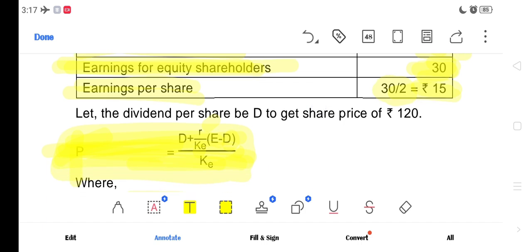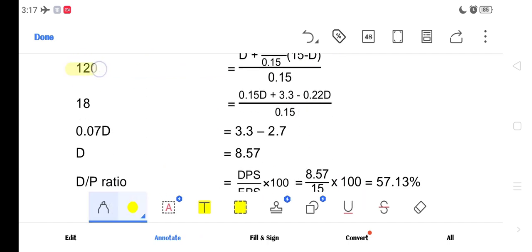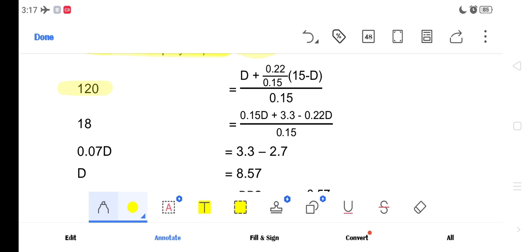Now if you insert all the information given in this formula, you get the D, right? So see, price they have given is 120, and D you have to find out. And what is R, guys? 22%. Don't take 22% because it's confusing. Just convert it into decimals, for calculating purposes it is very easy.